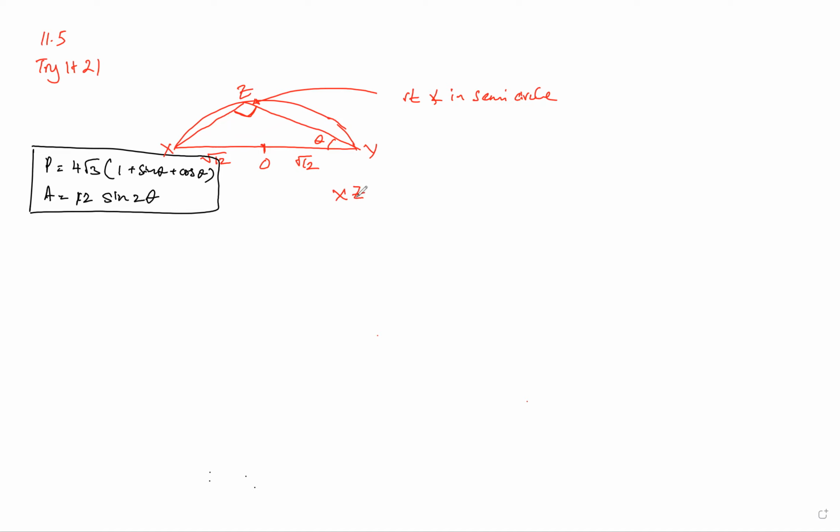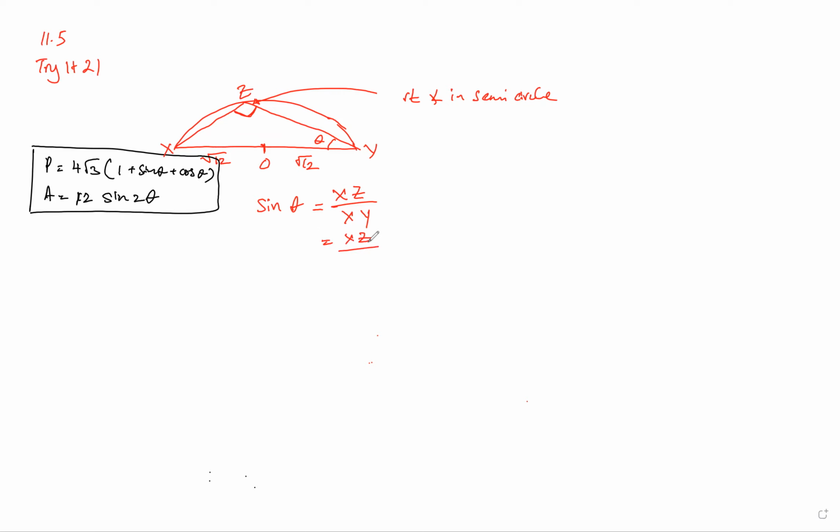O over A or O over H. So O over H, which is XZ over XY, is equal to sine theta. Do you agree? O over H, and this is what you need to find.